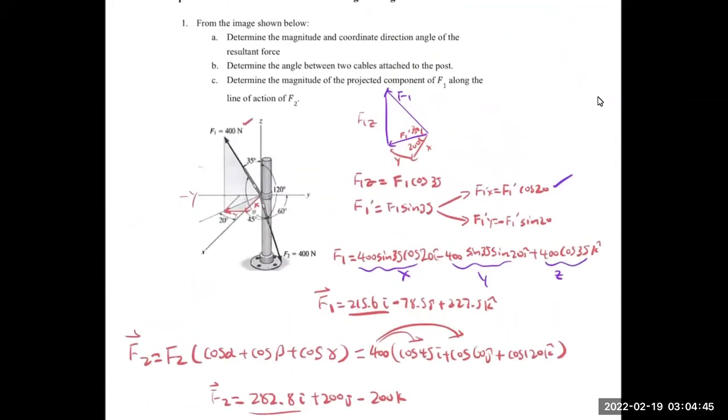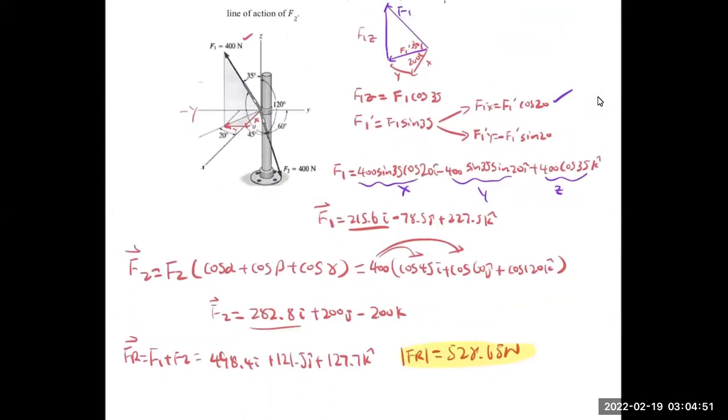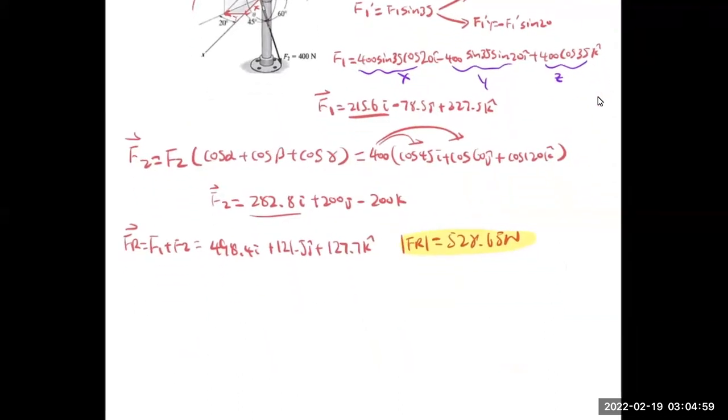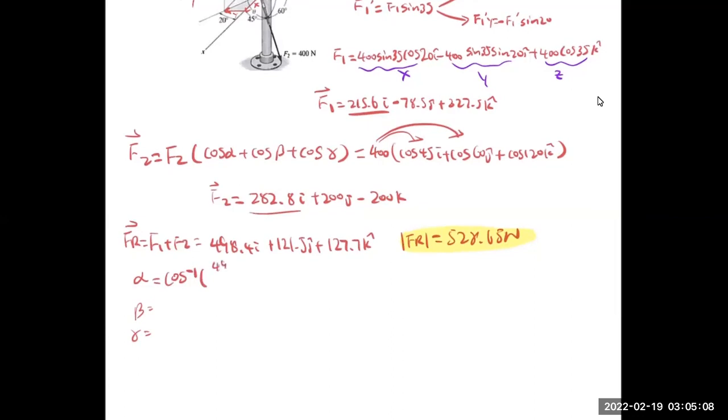The second part of A asks us to find the coordinate direction angle of the resultant force. The earlier step was the coordinate direction angle specifically for F2, but this time I need alpha, beta, and gamma for the resultant force. Alpha is cosine inverse of 498.4 divided by the resultant force, 528.65, which is 19.5 degrees. I'll just write the answers for the others: beta is 76.7 and gamma is 76 degrees.